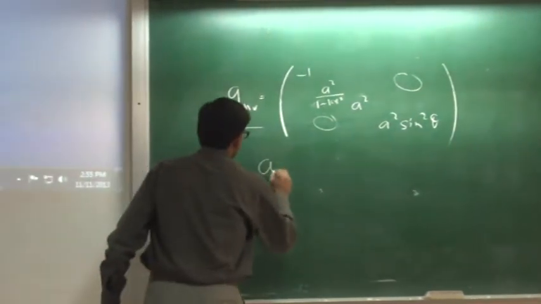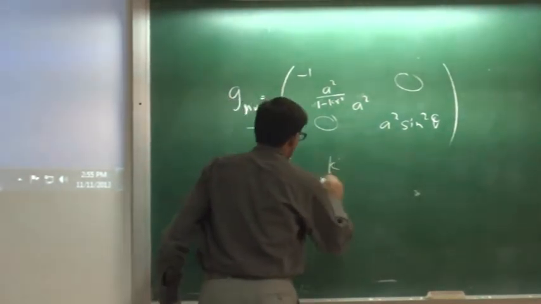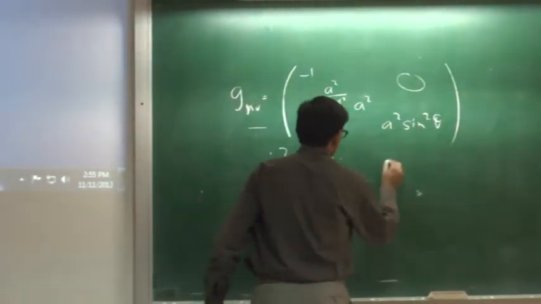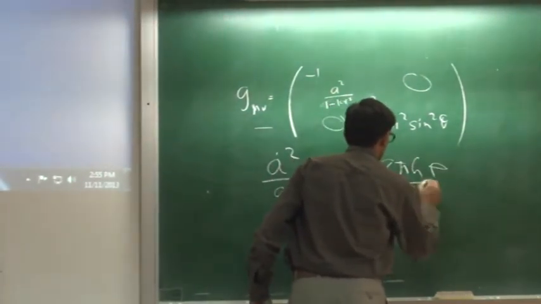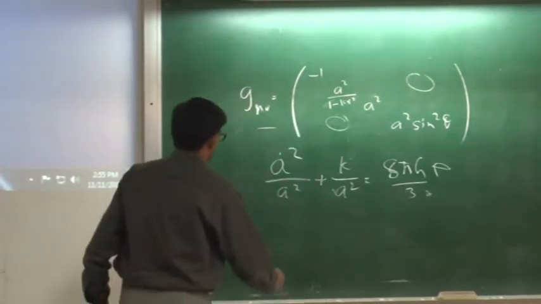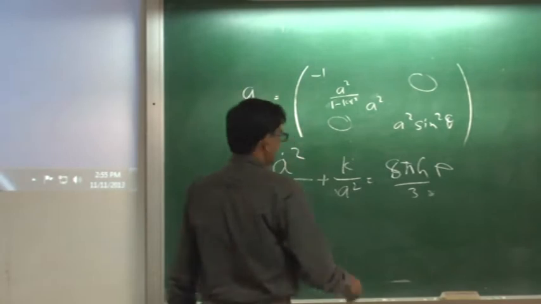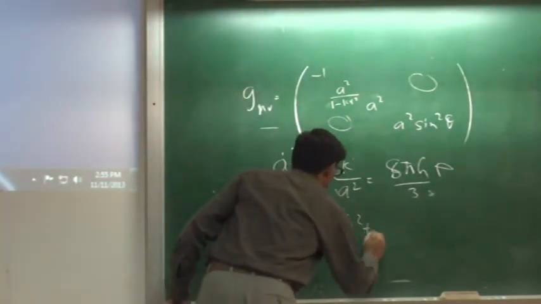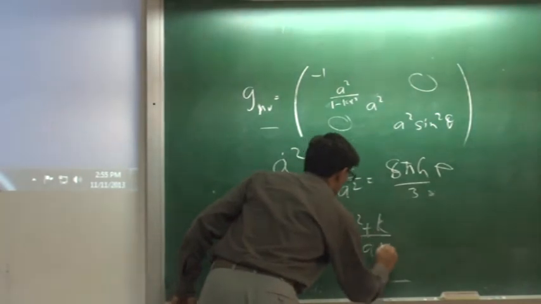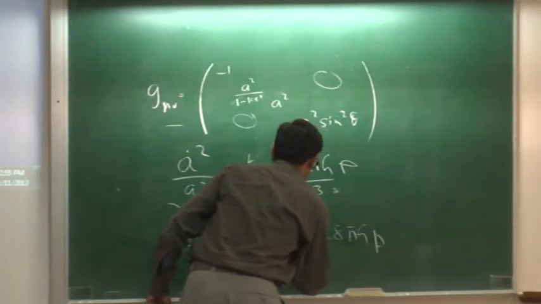The two equations which you have are: a dot square by a square plus k by a square equal to 8 pi G by 3 times rho. And I will follow the bad habit of using c equal to 1. Then 2 a double dot by a plus a dot square by a square plus k by a square equal to minus 8 pi G times p.